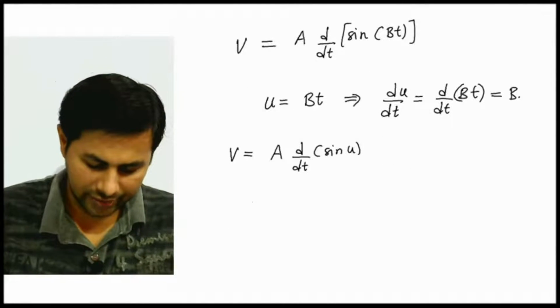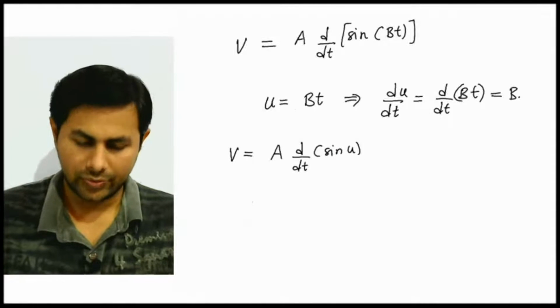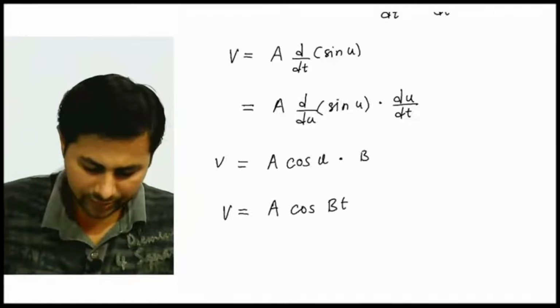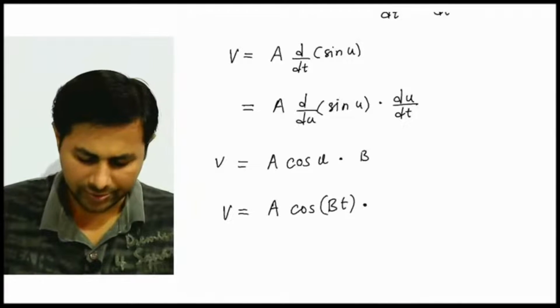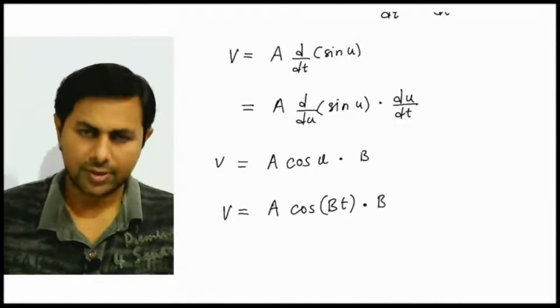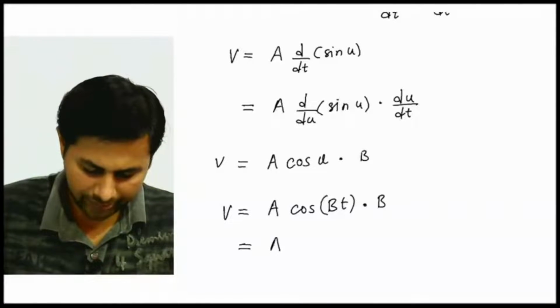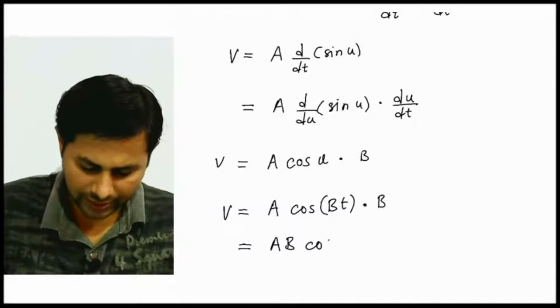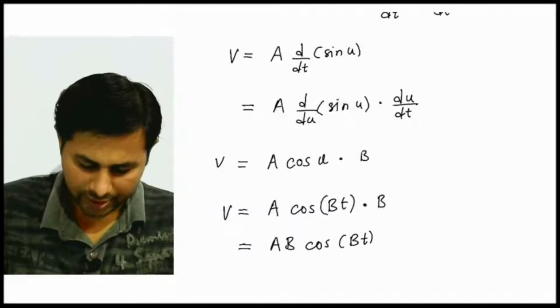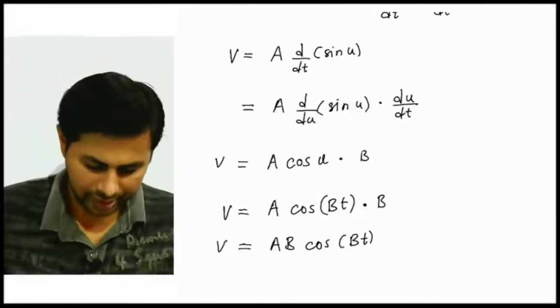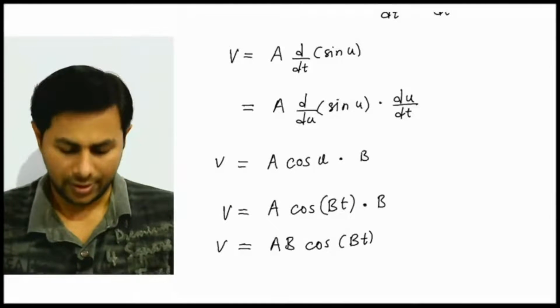So we take the derivative of this sine u with respect to u itself, which gives cos u, times the derivative of u, cos of bt times b. Or I can write this as ab times cosine bt.